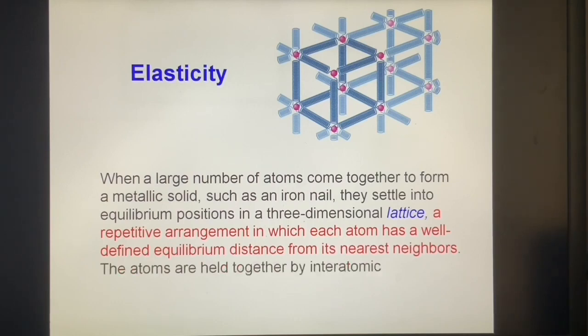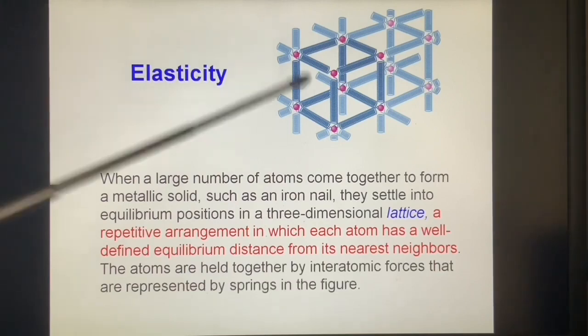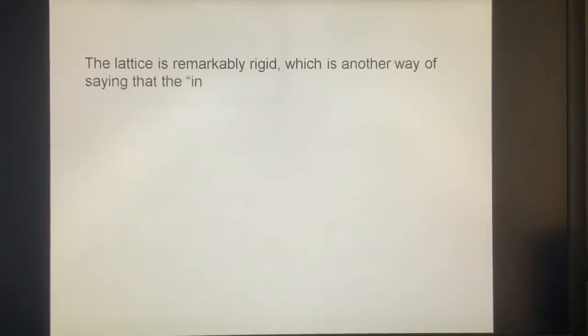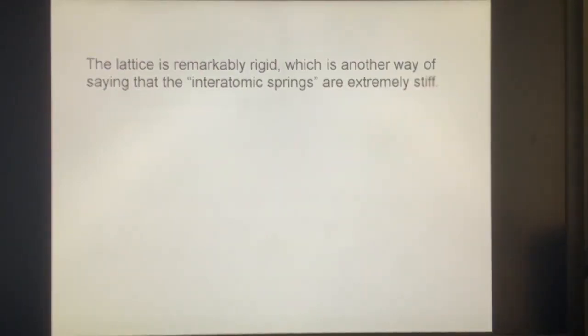The atoms are held together by interatomic forces that are represented by springs in the figure. The lattice is remarkably rigid, which is another way of saying that the interatomic springs are extremely stiff.